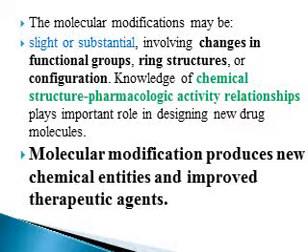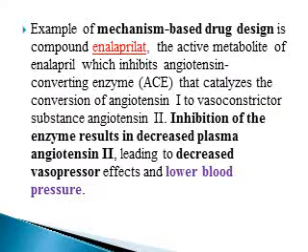The most important thing: molecular modification produces new chemical entities and improved therapeutic agents. In other words, when I do molecular modification, it means I actually generated a new chemical entity, so I start from the first of the schedule, with the preclinical study and so on, because molecular modification generates a new chemical entity.